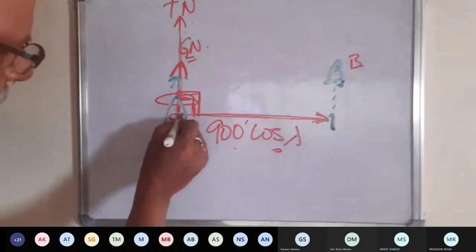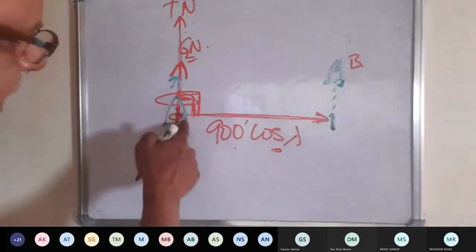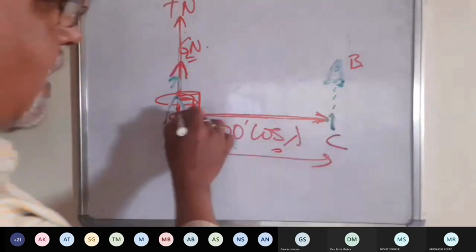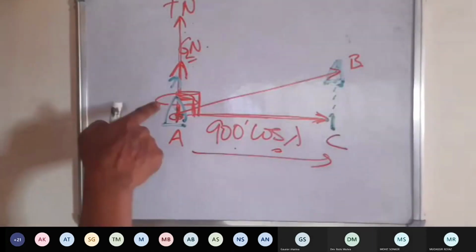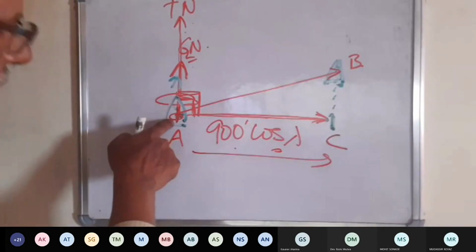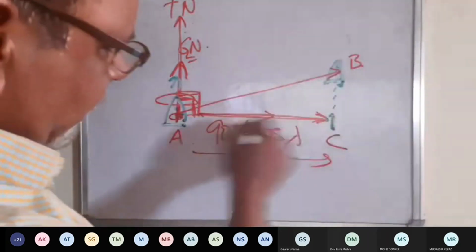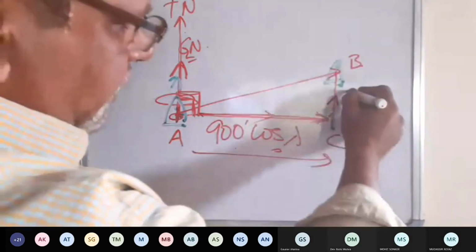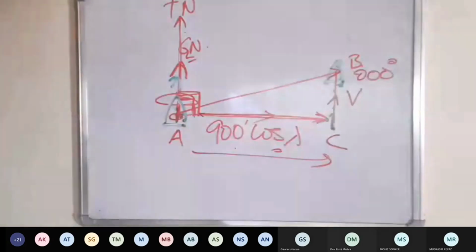So the gyro compass which was installed here is experiencing a motion which is not AC, but AB. Is that correct? The gyro compass is experiencing a motion from A to B because Earth is moving like this, 900 cos lat, and the ship is moving at the speed of B with 000 course.